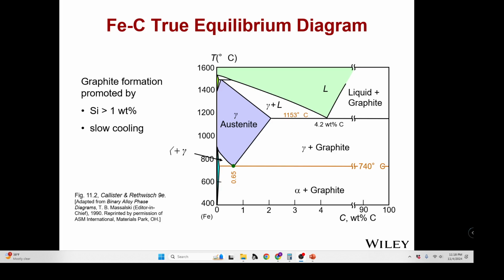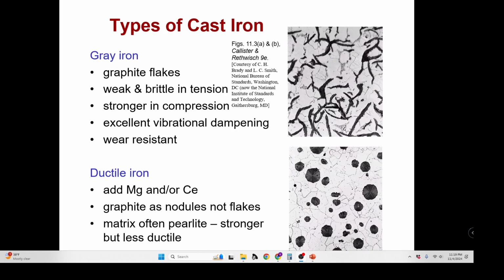Usually graphite formation is promoted in the presence of silicon. Silicon very often is at least present or transferred in the casting process, because silica is the primary ingredient of the sand that's used in the packing of the molds for casting. Slow cooling rates also promote formation of graphite.